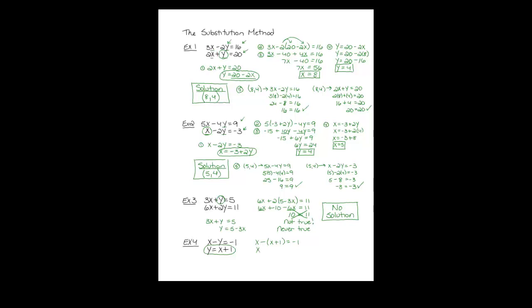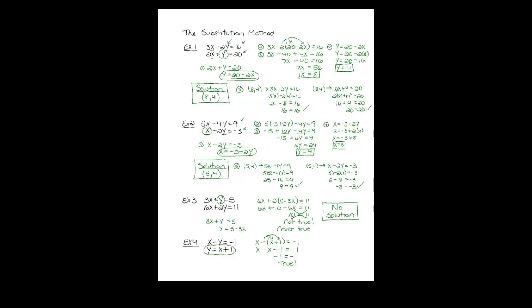Solving the equation, we have, getting rid of the parentheses here, x minus x minus 1 equals -1. X minus x, again, that is 0, so the x's are gone, and we're left with -1 equals -1.